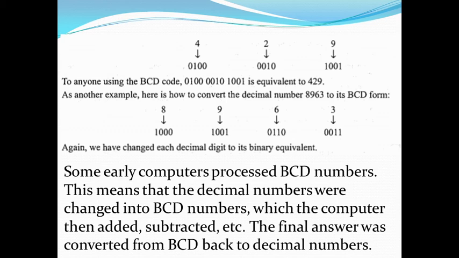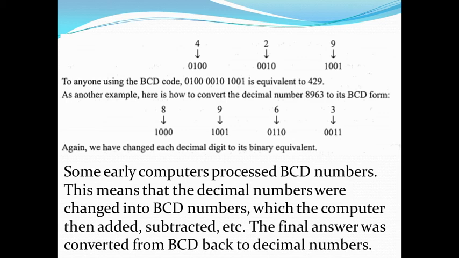Why is this done? What is the reason? Some early computers processed BCD numbers. Initially, arithmetic operations were performed on BCD numbers. They did not have what we use today, 2's complement arithmetic, etc. It was not there.